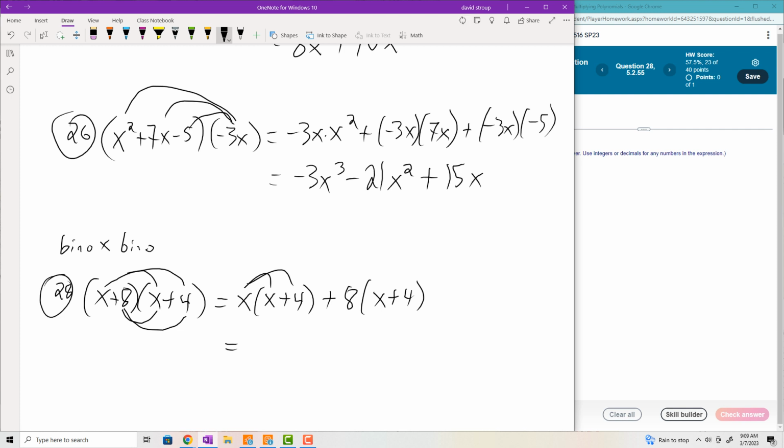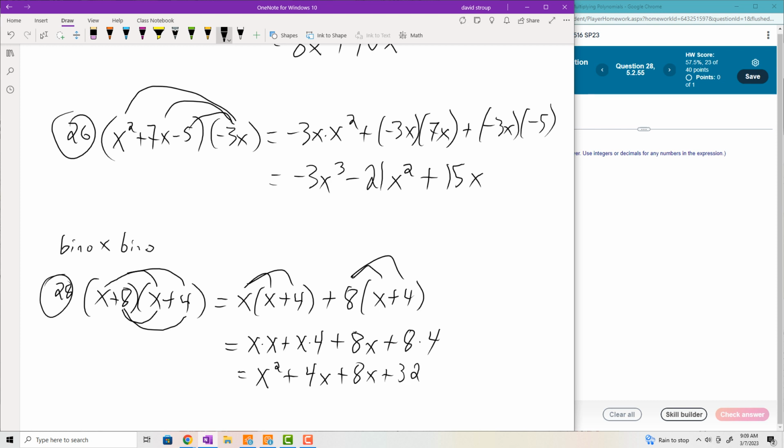So when you do that, you'll have x times x plus x times 4 plus then 8 times x plus 8 times 4. Okay. So you'll get x squared, x times x is x squared, plus x times 4 is the same as 4 times x, and then plus 8x, and then plus 32.